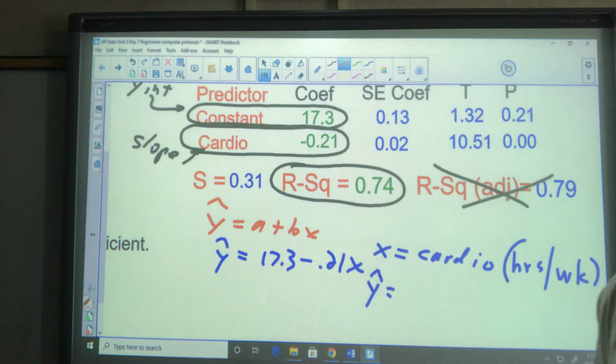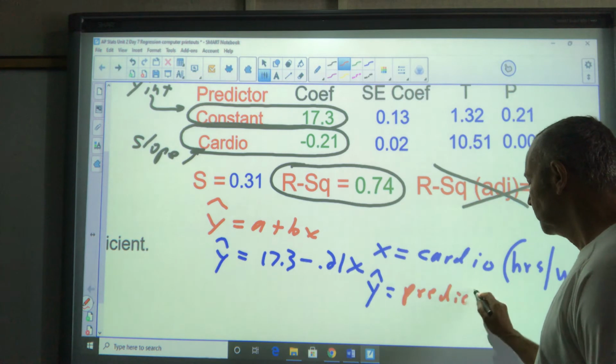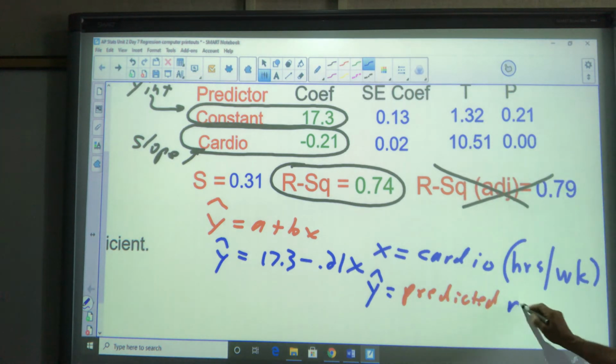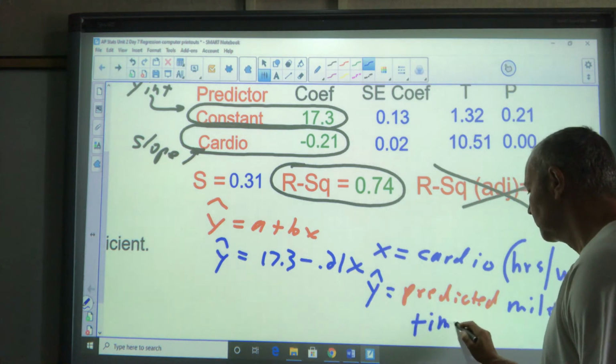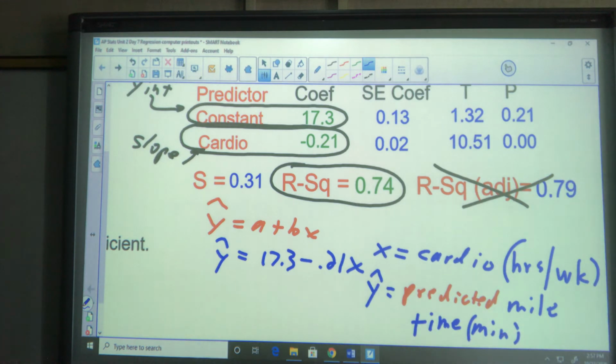Remember that your y-hat stands for your predicted.